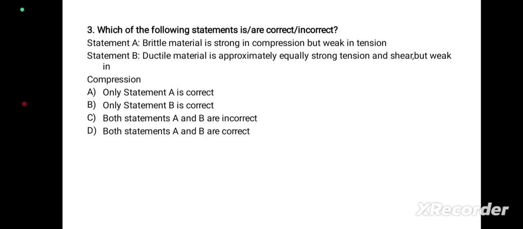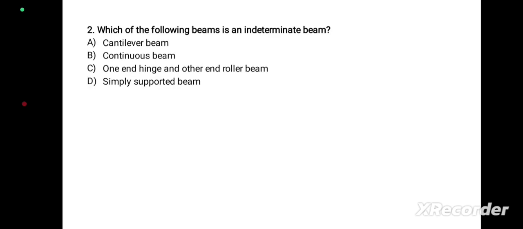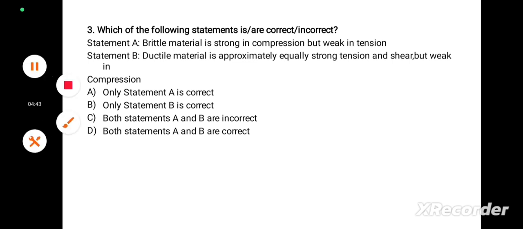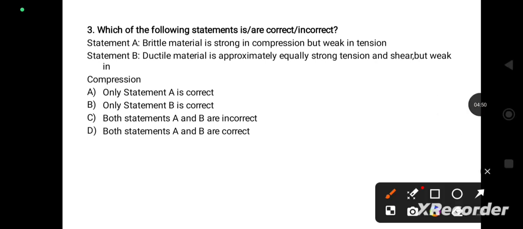And third question is, which of the following statements are correct? As we all know, brittle material is strong in compression but weak in tension. So statement A is correct. For statement B, they are discussing ductile material.